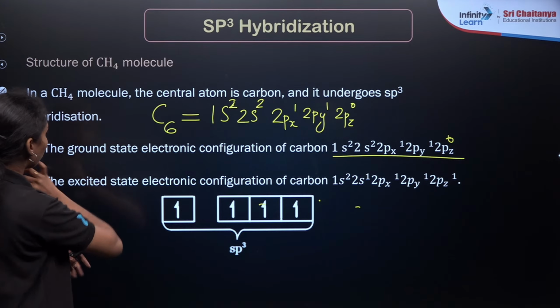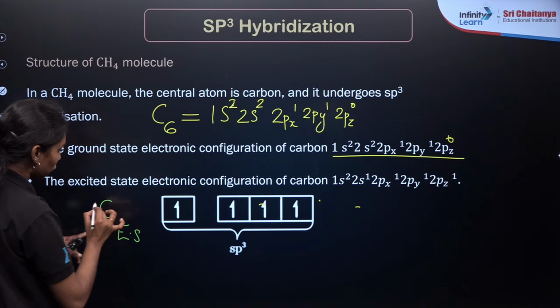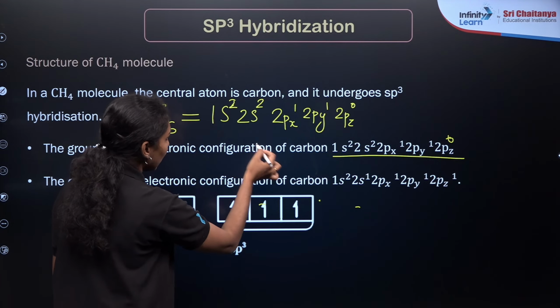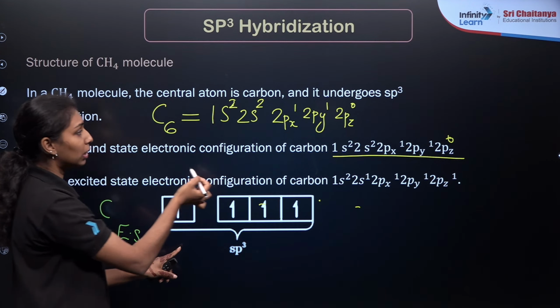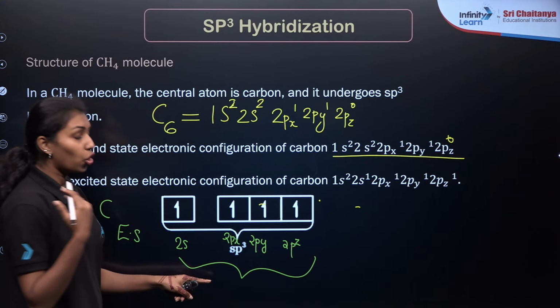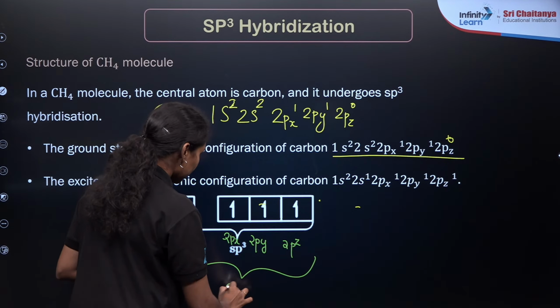So in the excited state of carbon, 2px1 and 2py1 are there, and one of the electrons from the 2s orbital will be excited to the 2pz orbital. So this is again 2s, 2px, 2py and 2pz. The s orbital and 3 p orbitals will undergo intermixing or hybridization to form sp3 hybridization.